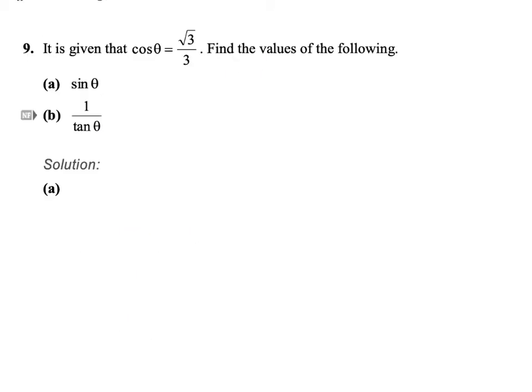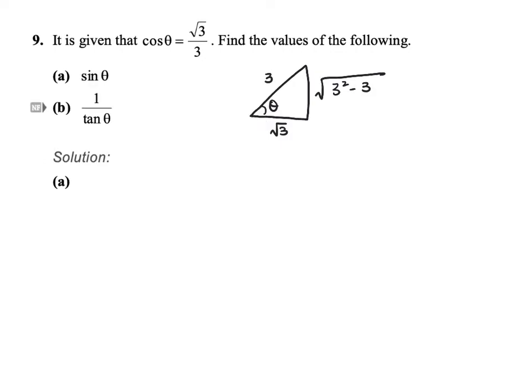This time I prefer method 1, which means you just draw the triangle like this. So you have root 3 here and 3 here. This time you have the square root of 3 squared minus root 3 squared, which gives you root 6.